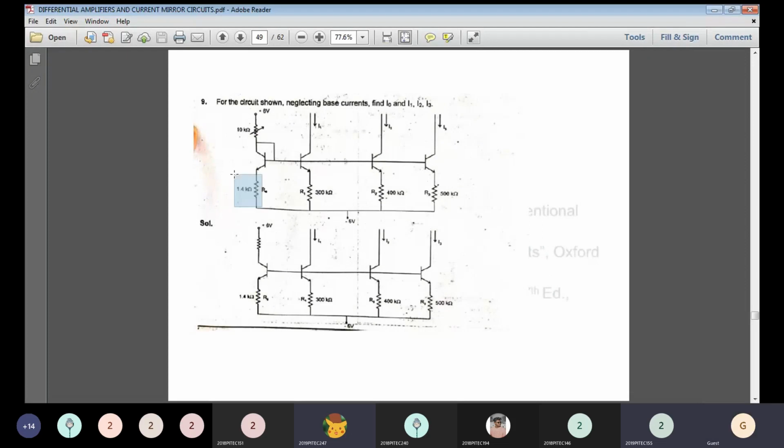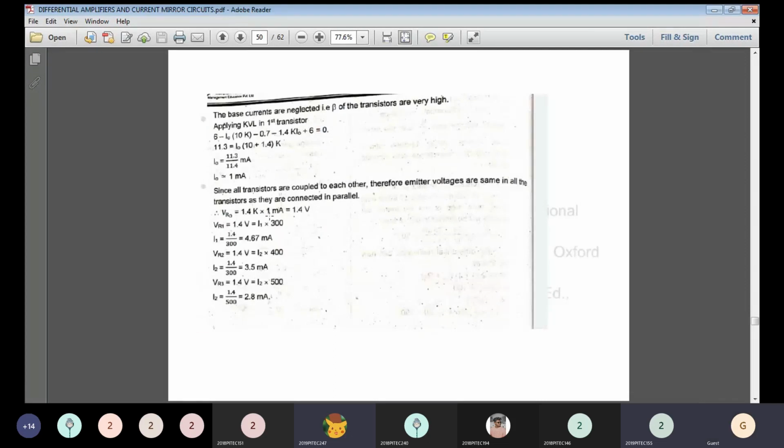Through the resistance 1.4K, what is the value of voltage? In the previous step, we calculated the value of I0, so you substitute it here. The value of VR0 is equal to I into R, Ohm's law. The current value we calculated in the previous step is 1 milliamp, and with 1.4K, the value is 1.4 volts.